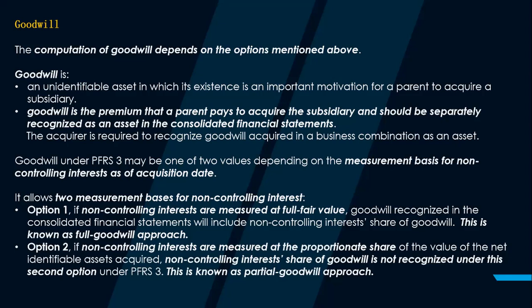So in other words, if non-controlling interests are measured at the proportionate share of the value of the net identifiable assets acquired, non-controlling interest share of goodwill is not recognized under this second option under PFRS 3, known as partial goodwill approach.